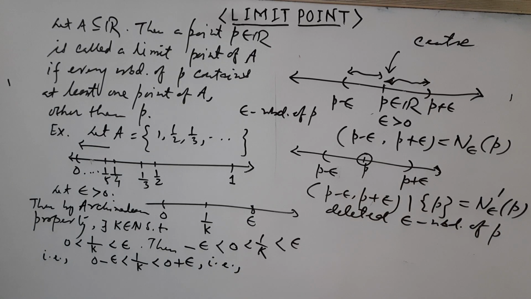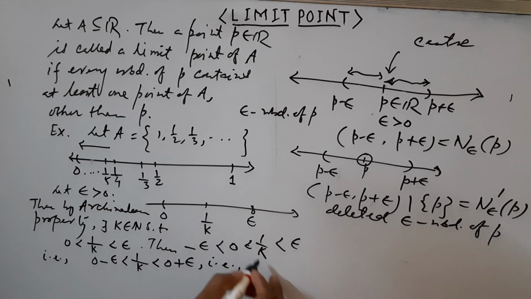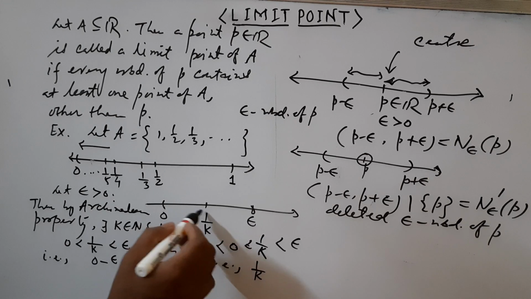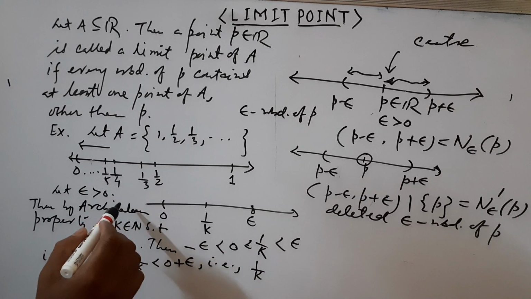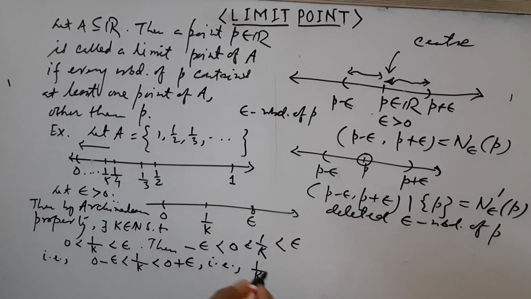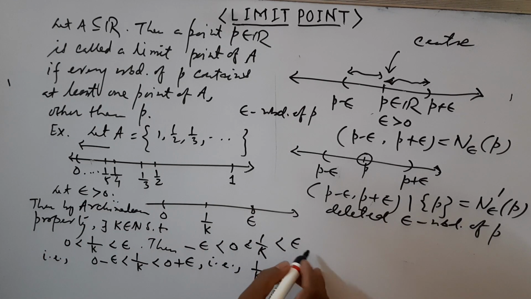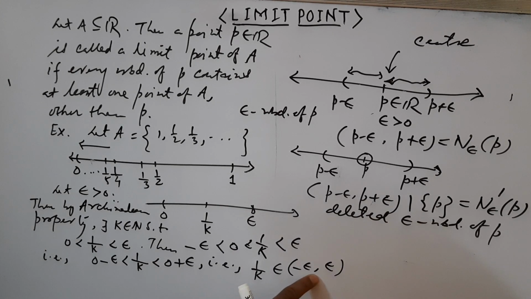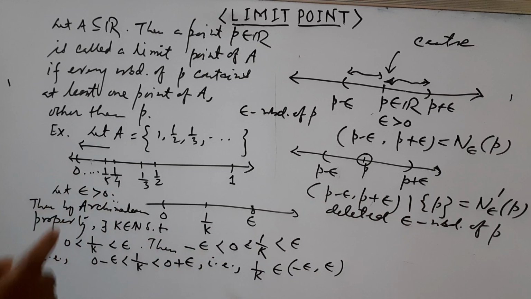That is, 1 by k will be in the open interval minus epsilon to epsilon. So this is a neighborhood of the point 0.